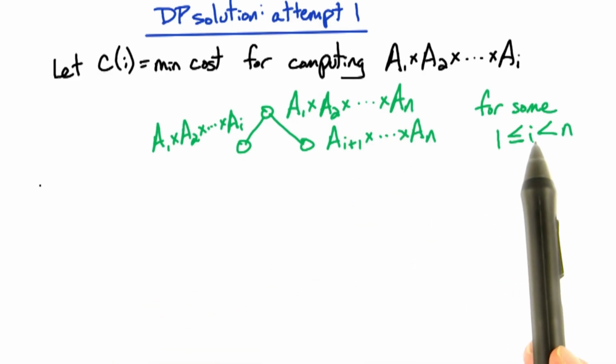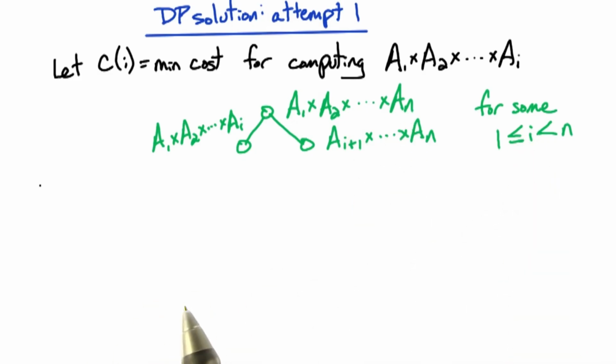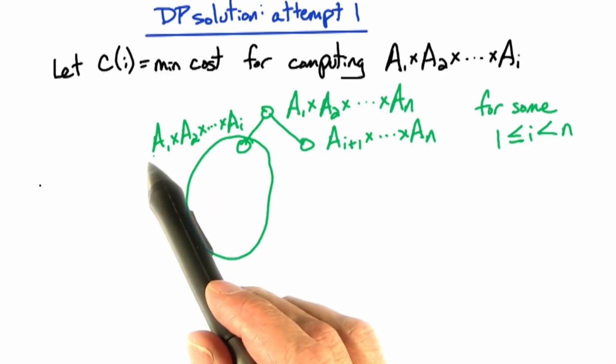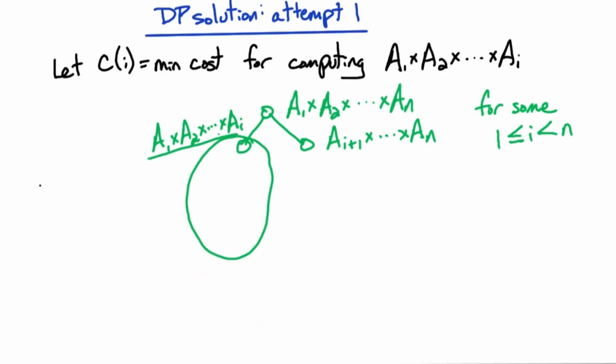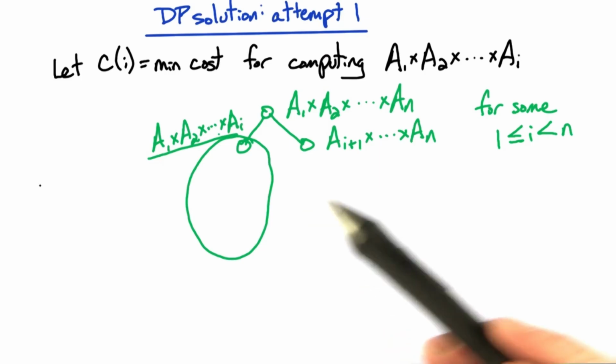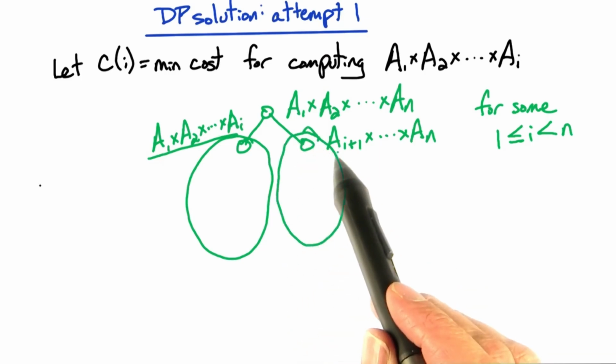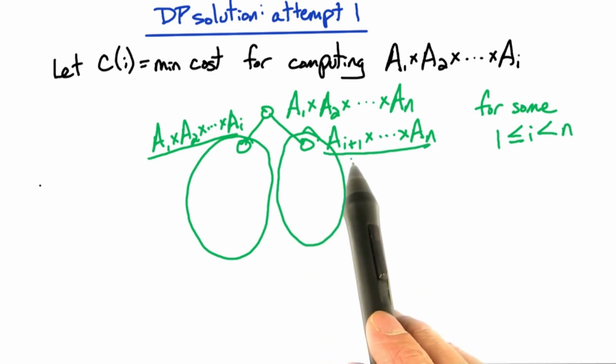What we're going to do is try all possibilities for the split i, and then recursively look up the minimum cost for computing this subtree, which has root A1 times A2 up to Ai. And we're going to look up, hopefully recursively, the minimum cost for computing this subtree, which has root A_{i+1} through An.